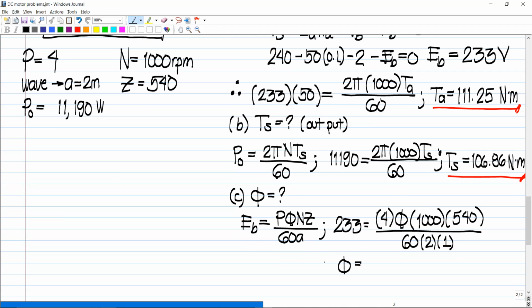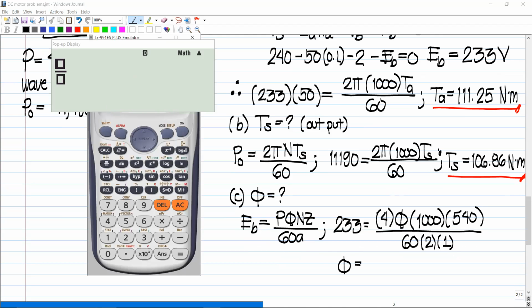So, let us show our flux in milliweber. Or sa calculator natin, ipakita natin yung answer natin na merong times 10 raised to negative 3. So, ayun yung milli natin. So, sa 233, i-cross multiply natin si 60 tsaka si 2, yung dating nasa denominator ng right side. And then lahat ng katabi ni flux, i-divide natin.